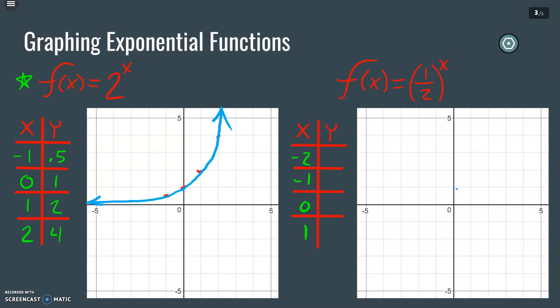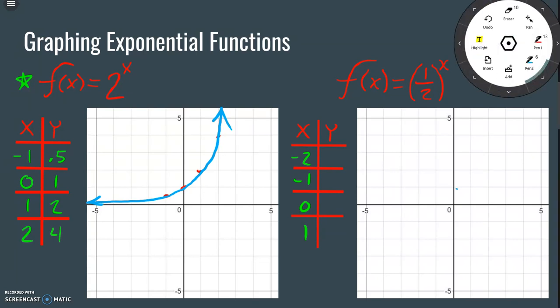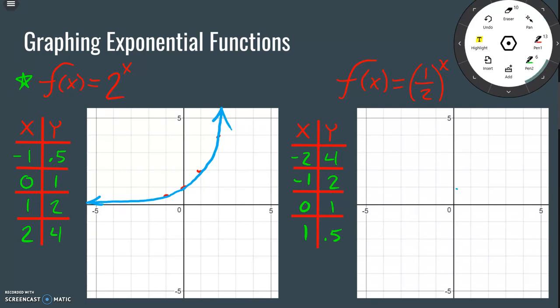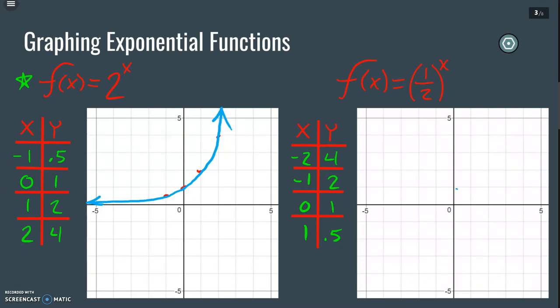Next, if we look at a function whose base is 1/2, putting in exponents of negative 2, negative 1, 0, and 1 is going to give me y values of 4, 2, 1, and 1/2. So for those x and y coordinates, negative 2 gives me 4, negative 1 gives me 2, 0 gives me 1, and 1 is about 1/2.